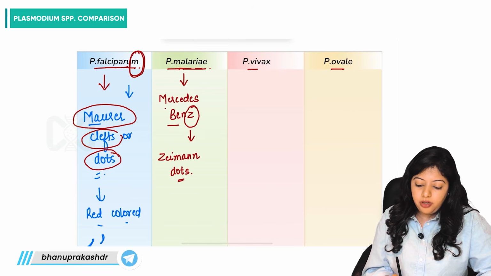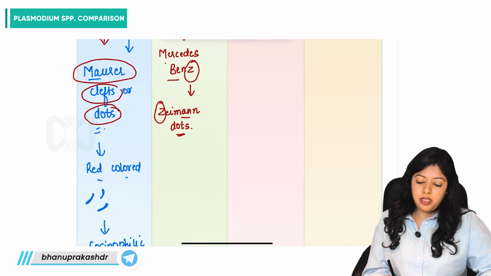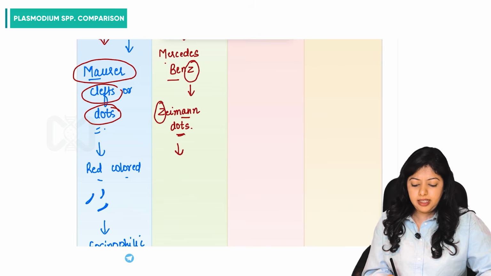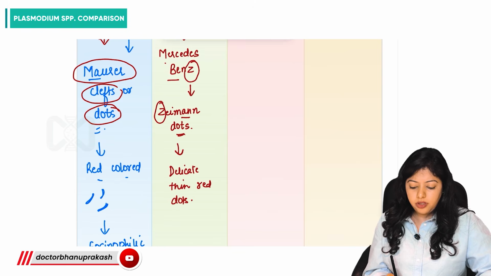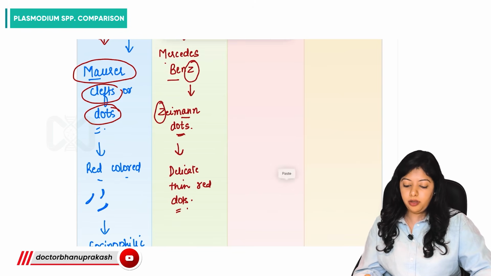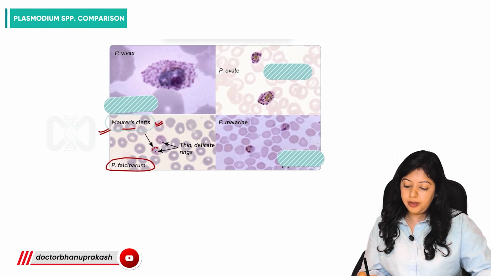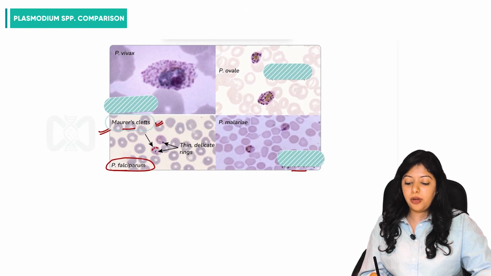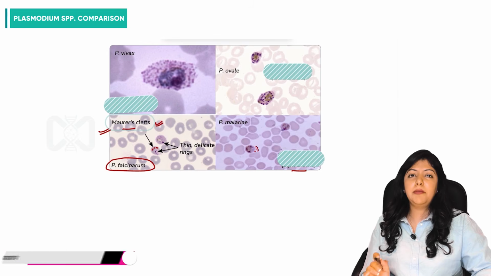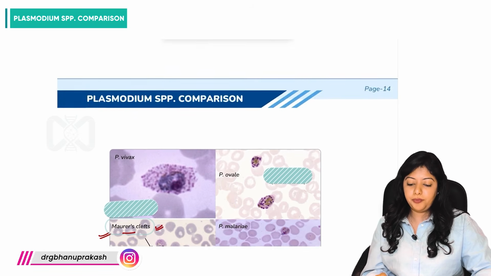Mercedes Benz for Z for Zeeman dots. These are rarely seen, but they are delicate, thin, red dots which can be visible for Plasmodium malariae. These Zeeman dots are small, light brown or reddish brown in color.